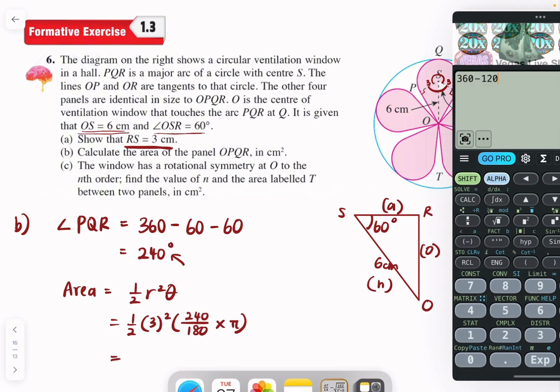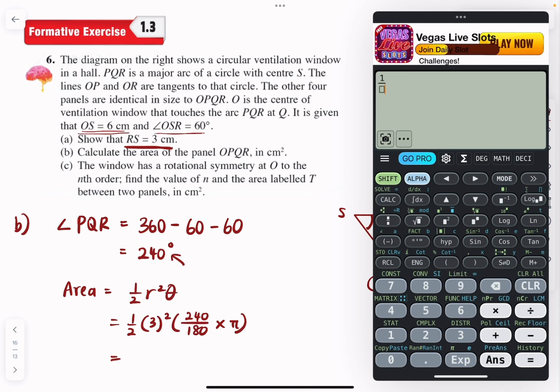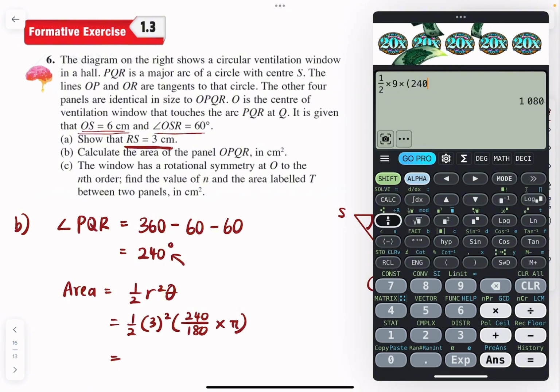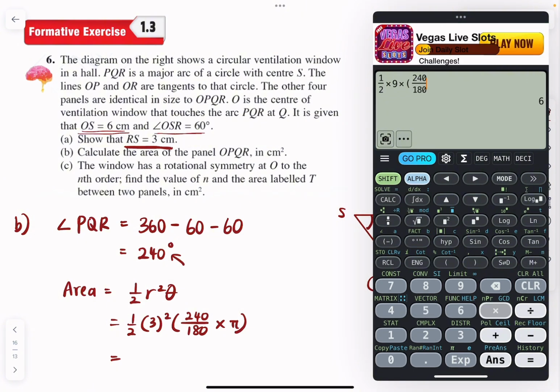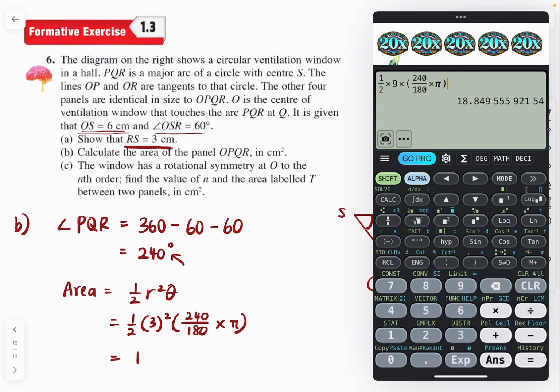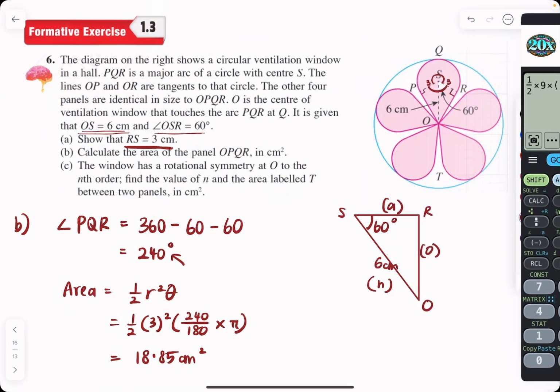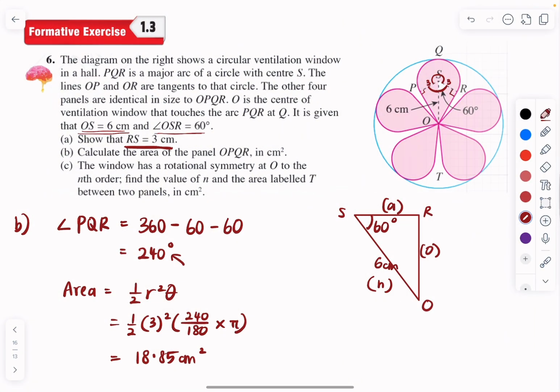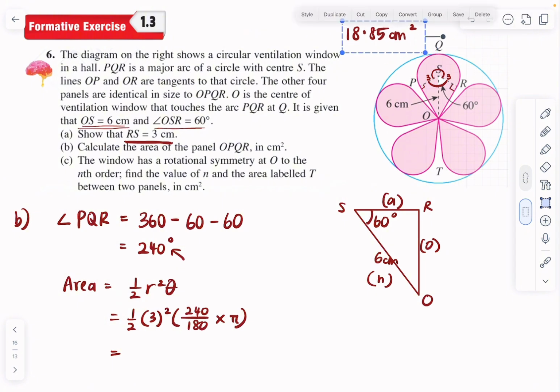So this will give us 1/2 times 9 times 240 over 180 times pi, which is 18.849, so 18.85 cm square. And then we find the area of the 2 triangles. So let's just keep this value here. This is the area of the sector.